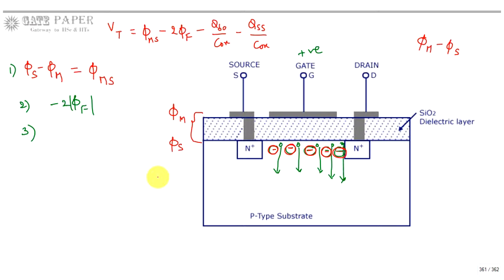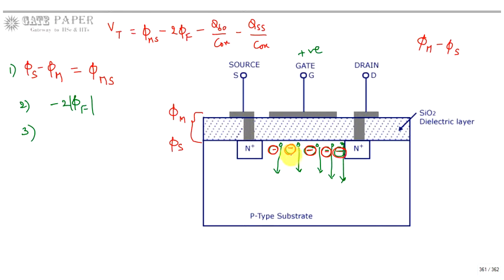Ions are immobile in nature, so they cannot move; they will stay in the channel region itself. Whenever holes leave, the ions are negatively charged, and since they are immobile, they stay in the channel region.